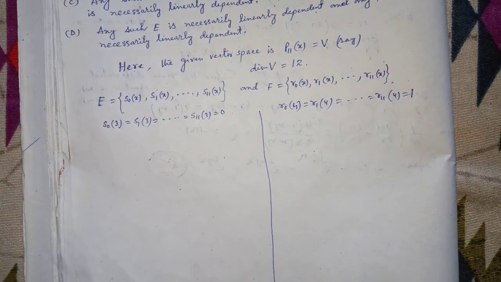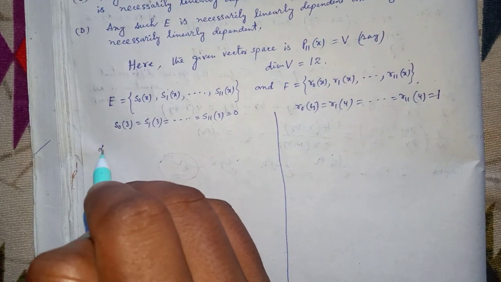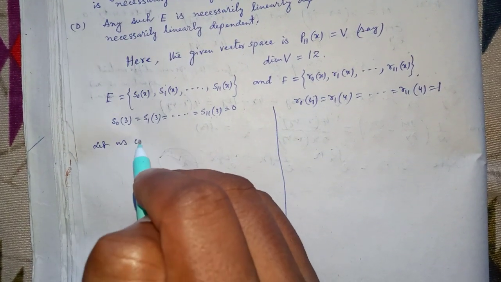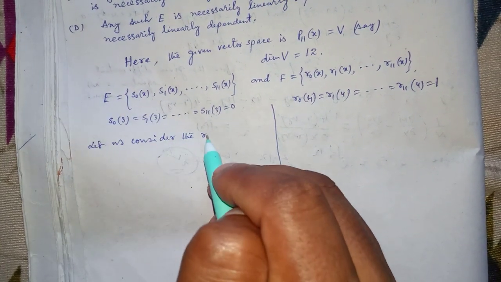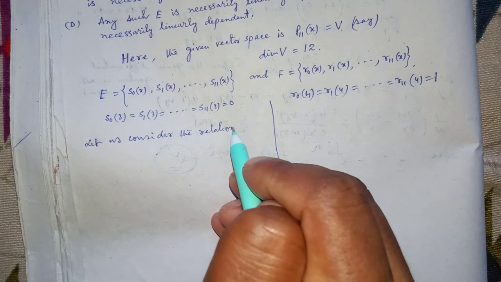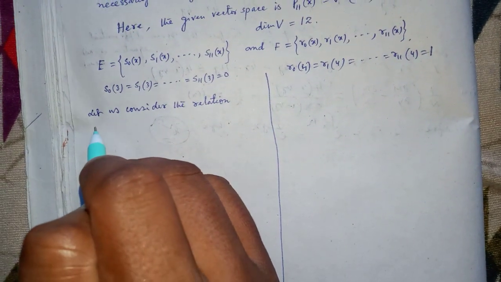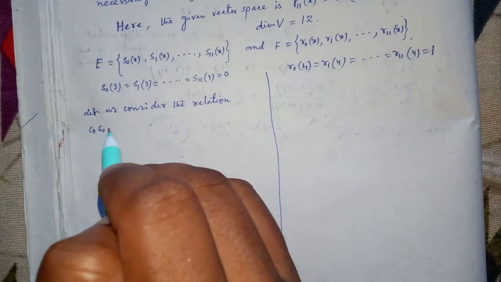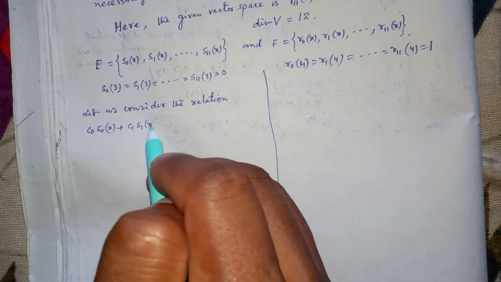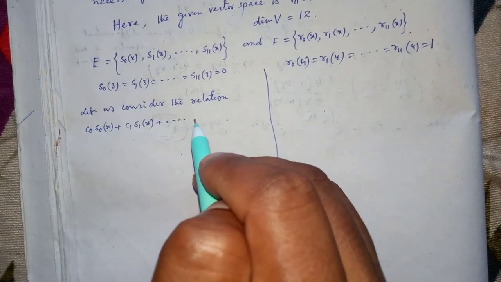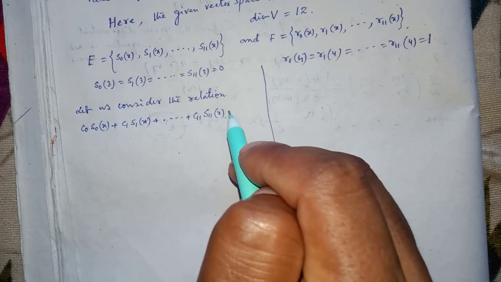So for the set E, let us consider the relation c0 s0(x) + c1 s1(x) + ... + c11 s11(x) = 0.